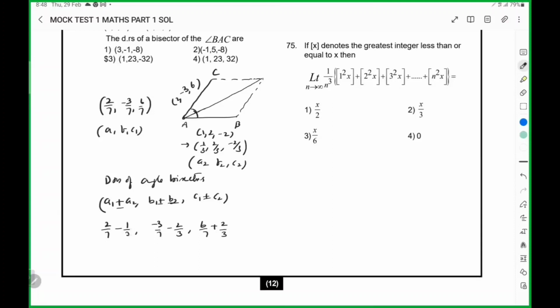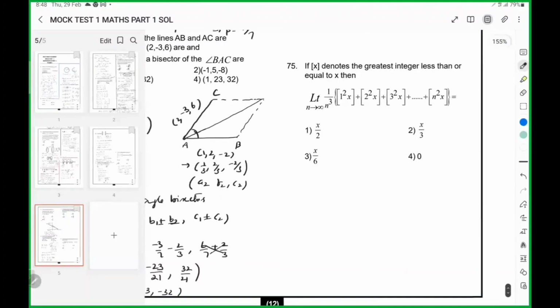So 6 minus 7 by 21, minus 9 plus 14 by 21, 18 minus 14 by 21, which is also the same as DRs 1, 2, 3, minus 3, 2. Third option is correct.